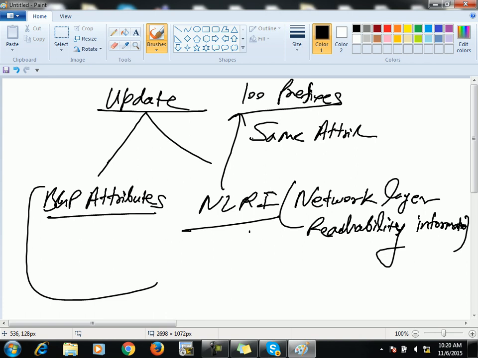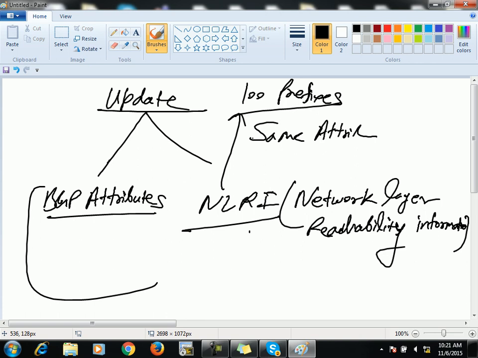Of course you will have groups of prefixes with the same attributes. So BGP is not going to attach attributes to each route individually.